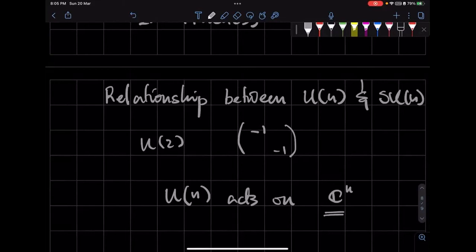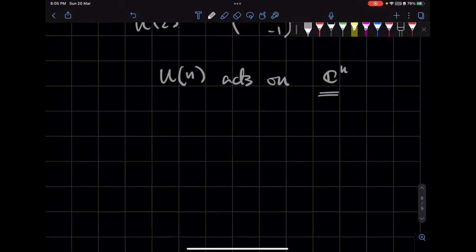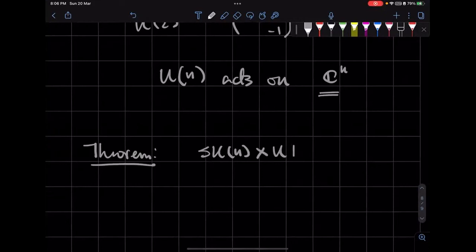Okay, let's figure out the relationship between UN and SUN. So the theorem is this. It's actually a very easy application of the first isomorphism theorem: if you take the direct product of SUN and U1, and divide it by Zn, that is isomorphic to UN.